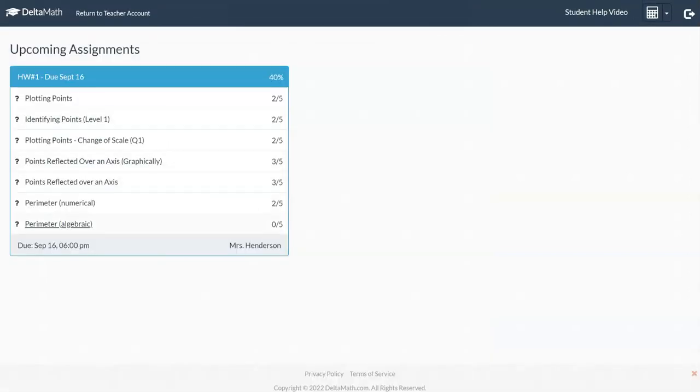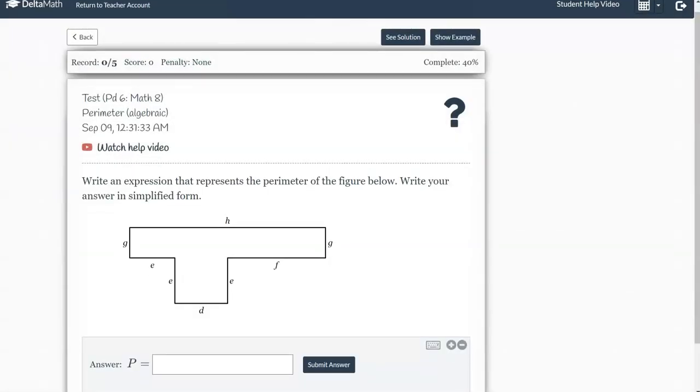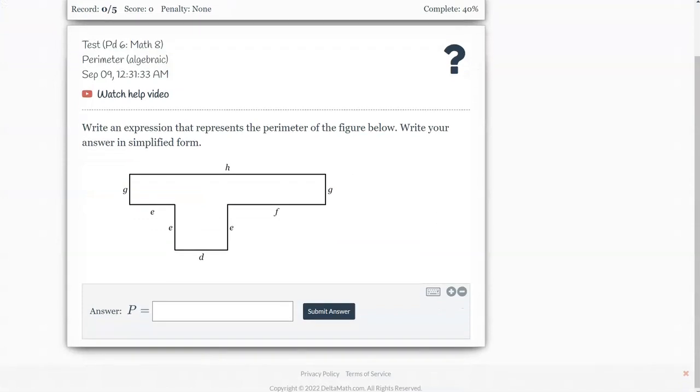All right, the last topic. Perimeter algebraic. So you're going to use the same math. You're just not going to do it with numbers. So look around the perimeter of this shape and see how many letters you have that are alike. Right, so I've got 1, 2, 3 E's, so 3 E's.